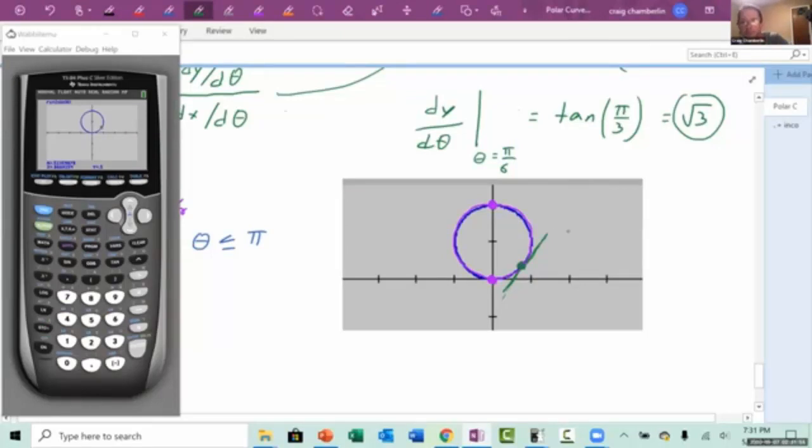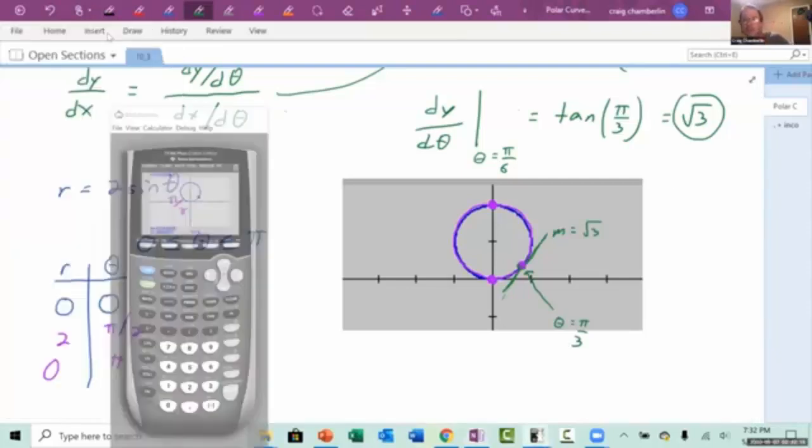So the slope of that line is radical 3, if this is the point you get when you plug in theta equals pi thirds. So the r value is whatever it is. I didn't find it, but hopefully that picture will give you an idea of what we just did. Any questions on that?